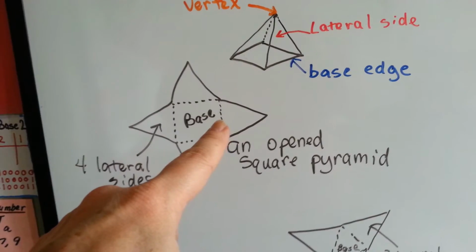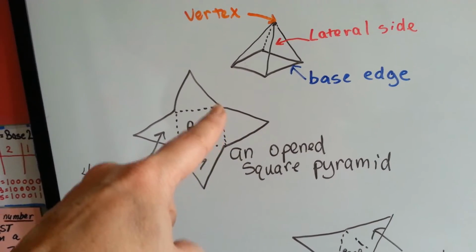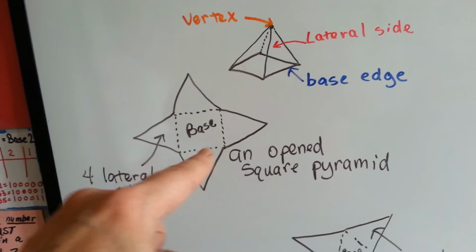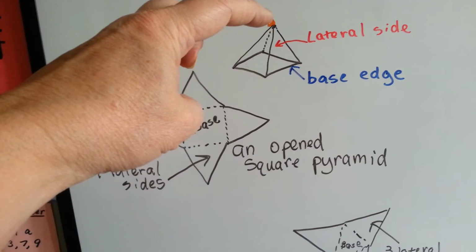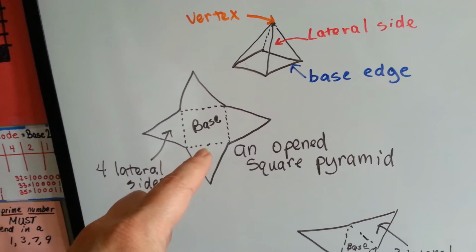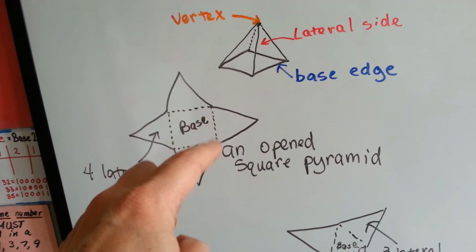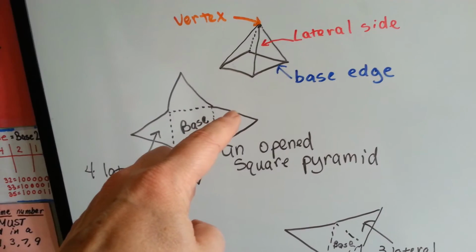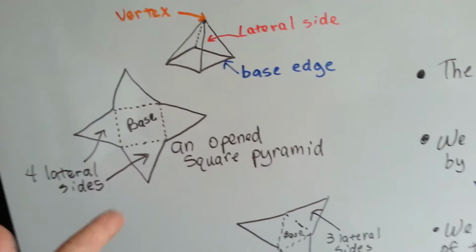So each one of these from this dotted line to here was 7.28. Each dotted line going this way was 4. And from here, in the center, directly straight up, was 7. Well, really all we needed to know was that this was 4 and this was 4, so that base is 16, and that this is 4, and that this is 7.28, and we could have figured out the entire surface area.